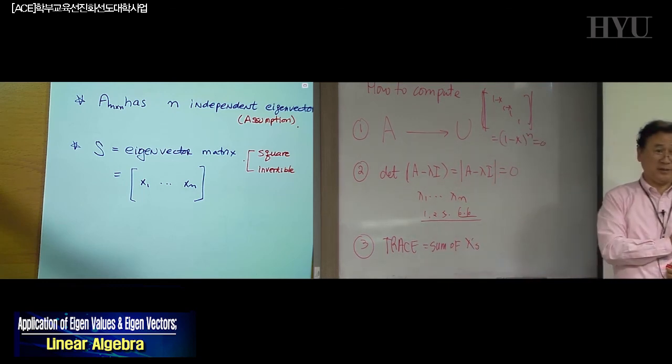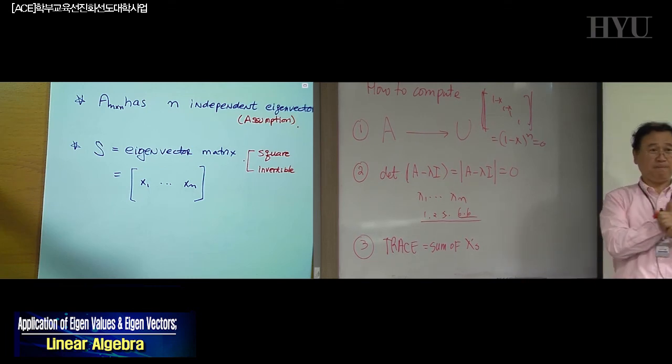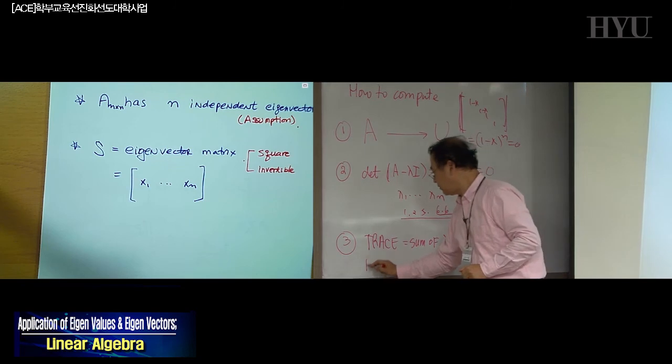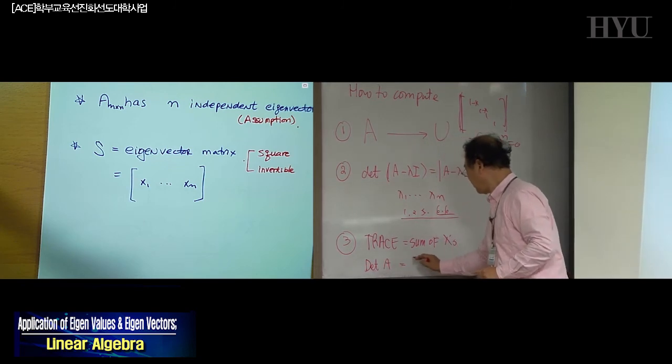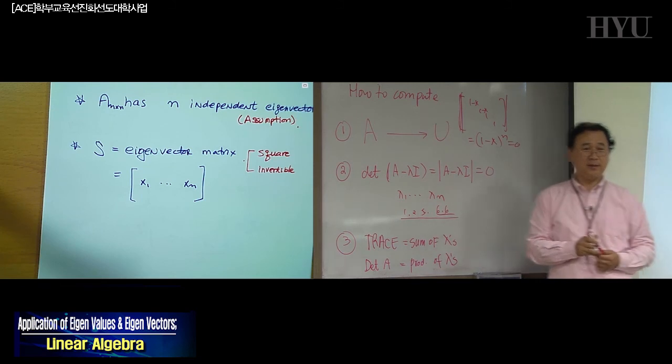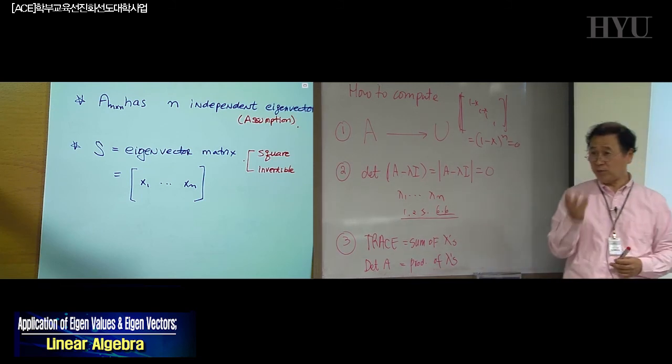That's one property. What's the second property? The determinant of A is the product of the lambdas. This is a very useful property.